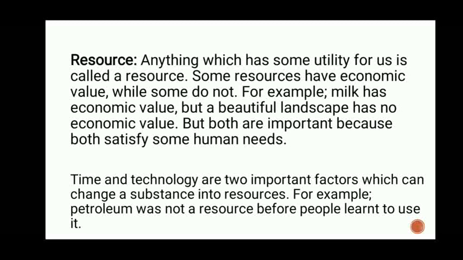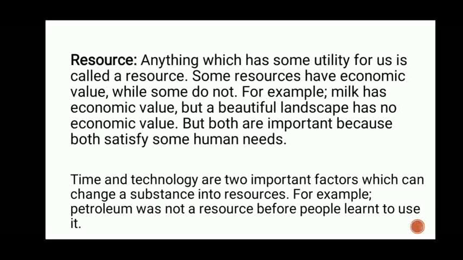On a bright Sunday morning, we climb the Tirupparankundram hills to see the landscape view. It is such a marvelous view, and that is a resource, but we cannot associate an economic value to it.